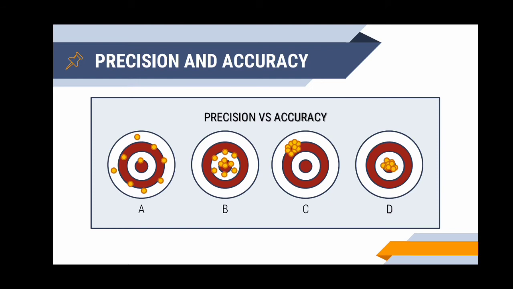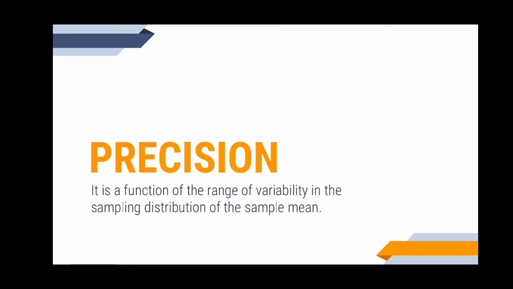Okay? In addition to precision, before tayo tuluyang tumungo sa confidence, introduce na natin yung isang formula na magagamit natin hanggang sa pagkuha ng sample size. Because precision, it is a function of the range of variability in the sampling distribution of the sample mean.